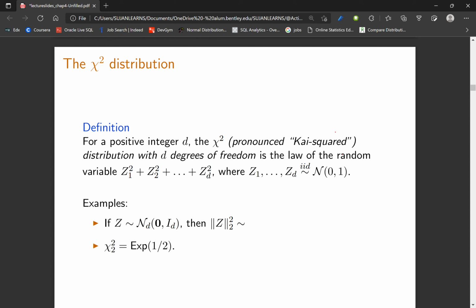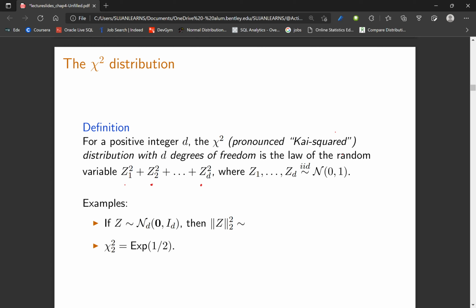What I'm saying is that let there be many standard normal distributions which are independent of each other, and there are many of these, all around the place.